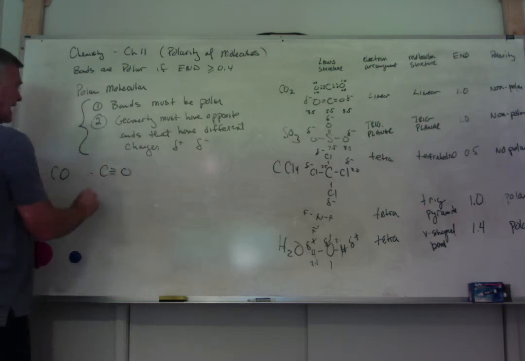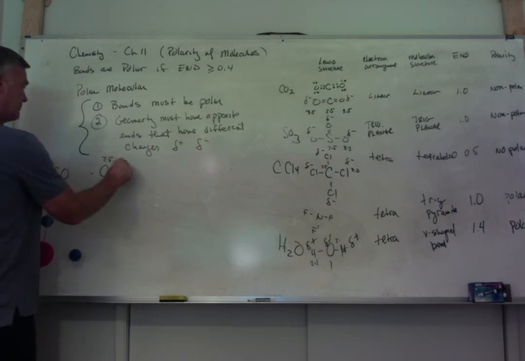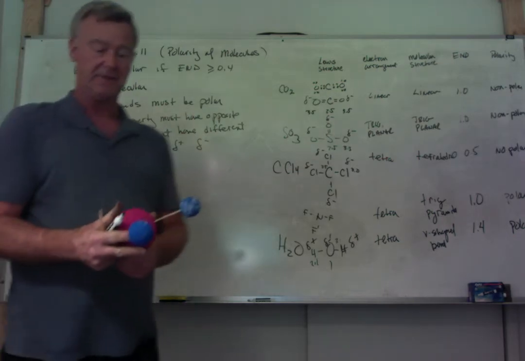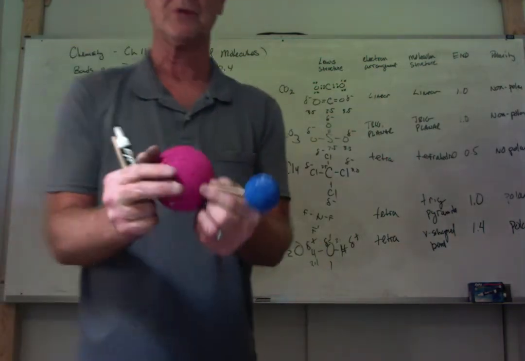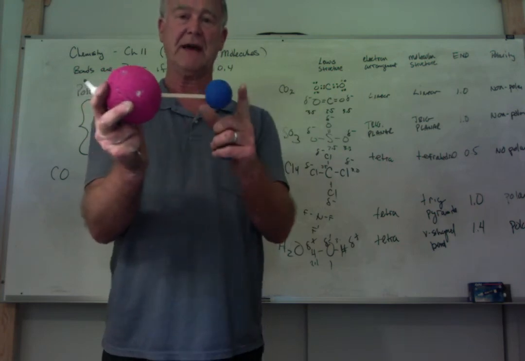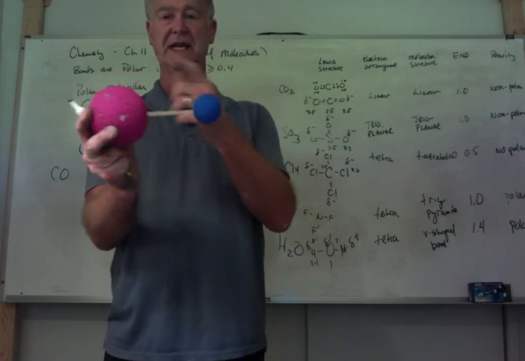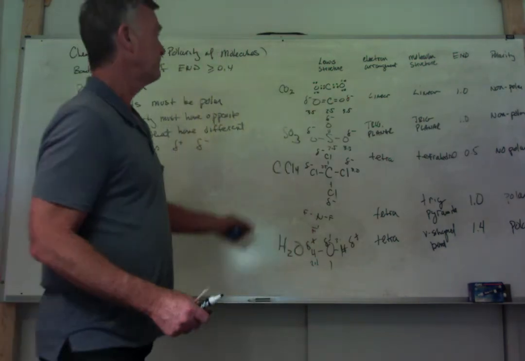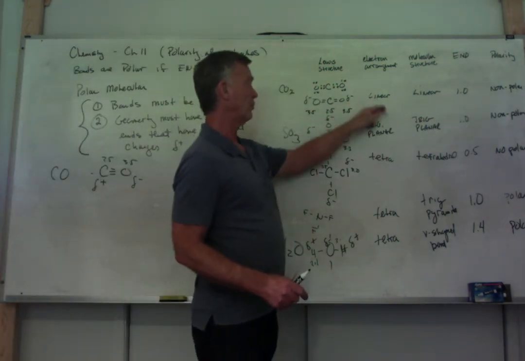Now, this is 2.5 and 3.5, that's a linear molecule, partially positive, partially negative. That essentially would be this with a triple bond, and it obviously would have a positive end and a negative end. So a linear molecule can be polar or nonpolar.